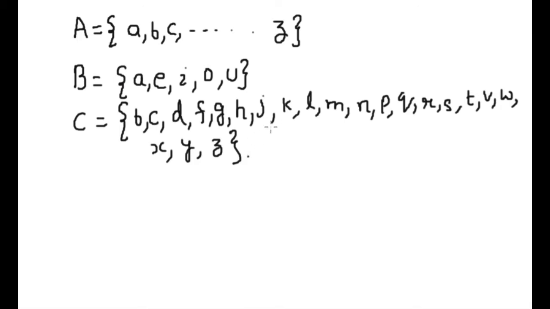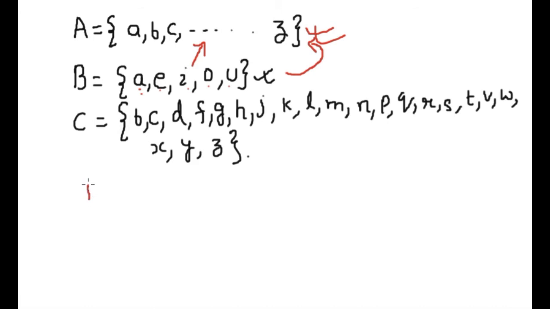Now, can we say this set B, all vowels, is a subset of A? Yes, because all these elements A, E, I, O, U are available in set A. So we can say B is a subset of A. So how do we represent a subset?